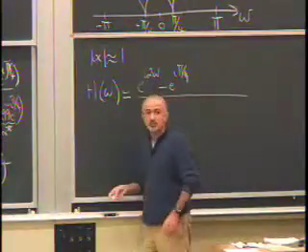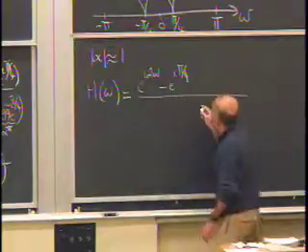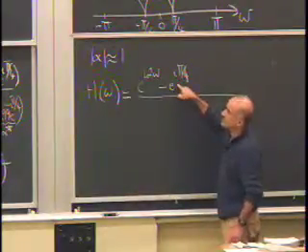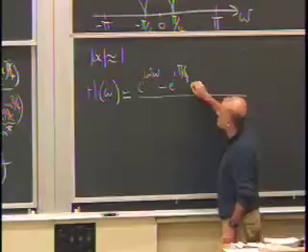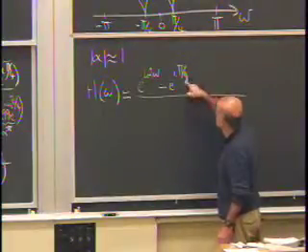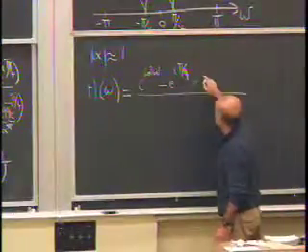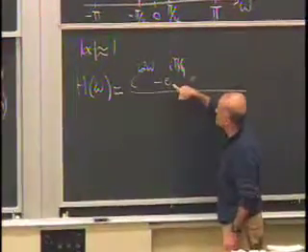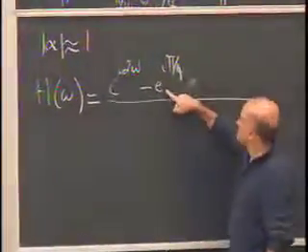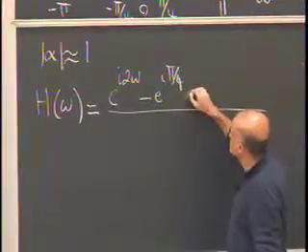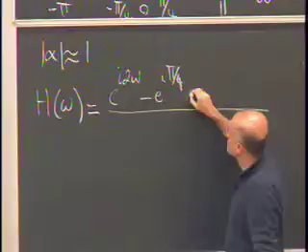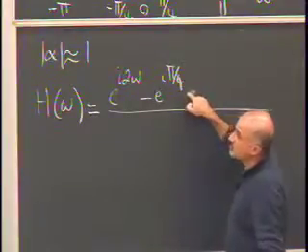Minus e to the power negative 5 over 4 omega. Is this alone? What's multiplying it? It's conjugated to this number. Yeah, but where did e to the I omega go?